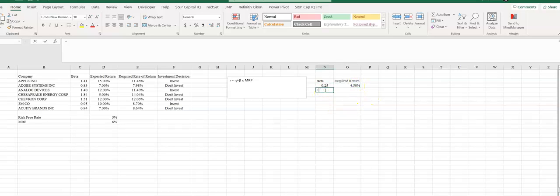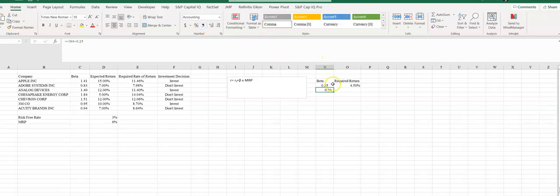And let's increase this with an increment of 0.25. So we will pick up this one and add 0.25 to that. Oops, a little mistake in here. So this gives me the 0.5 beta.